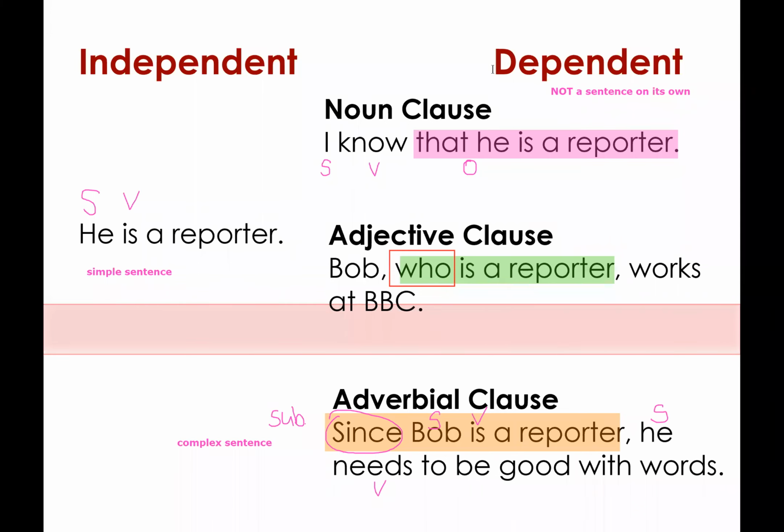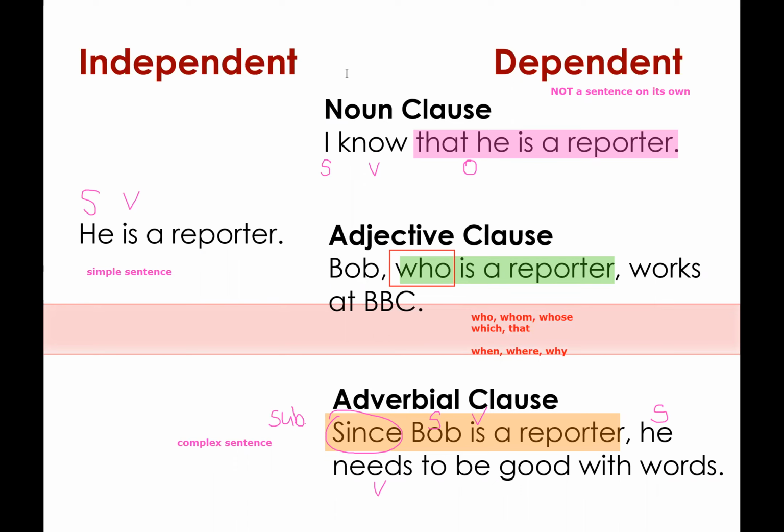We have the relative pronouns who, whom, whose, which, that. And we also have relative adverbs, which are when, where, and why. If you're modifying a time, it's when. If you're modifying a place, it is where. And if you're modifying a reason, it is why.